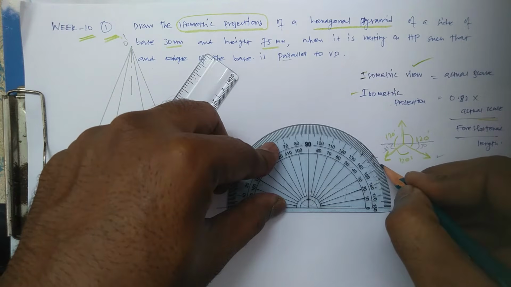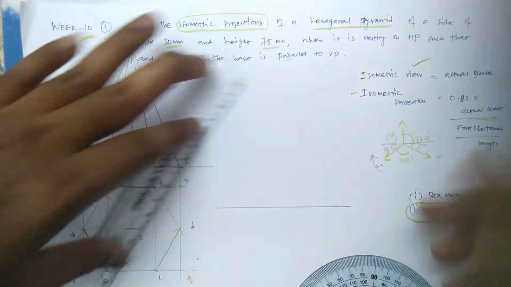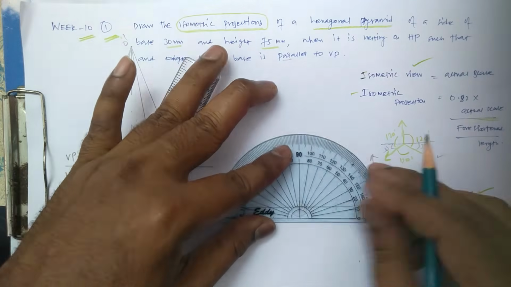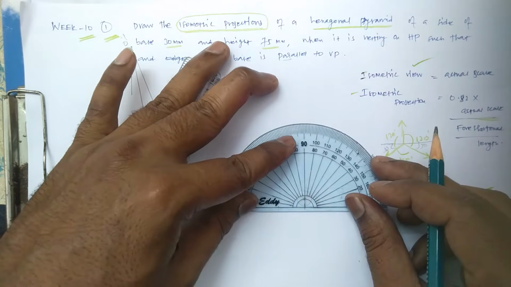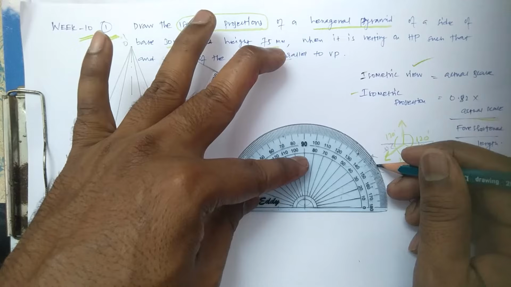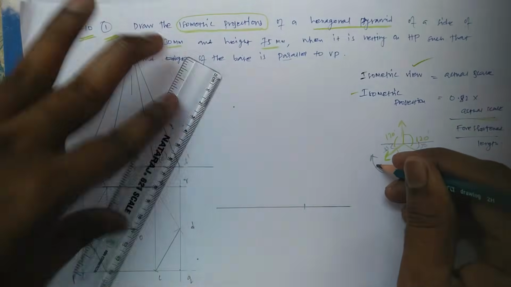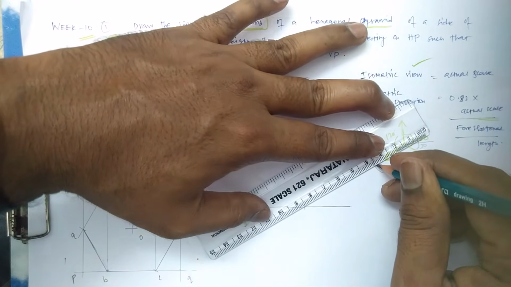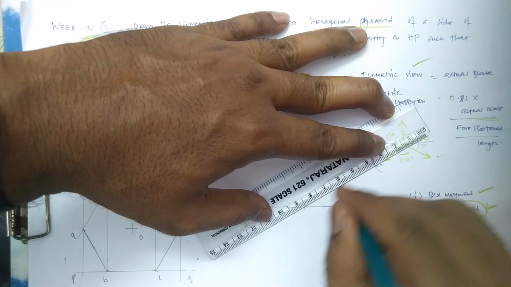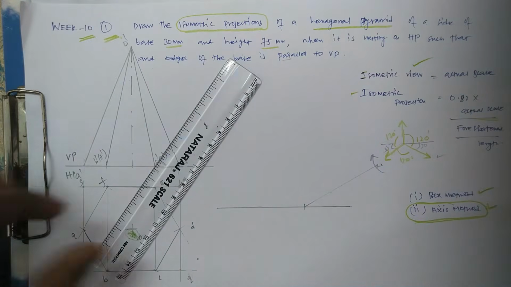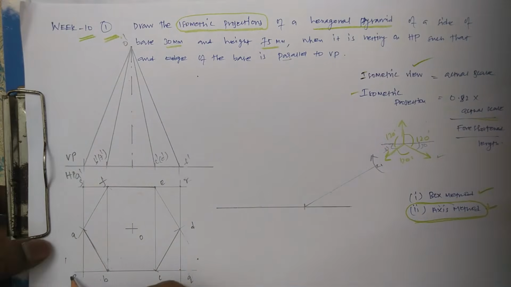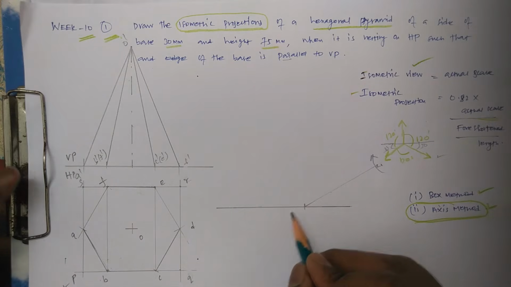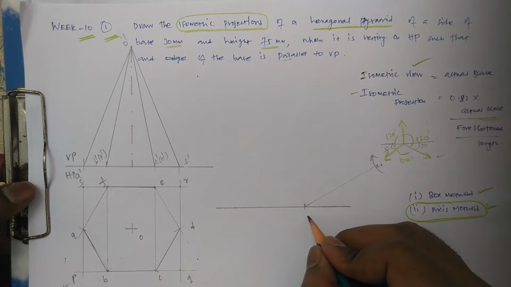So first let me fix one point. This is 30. Simply I draw. So let us fix this point P somewhere here.